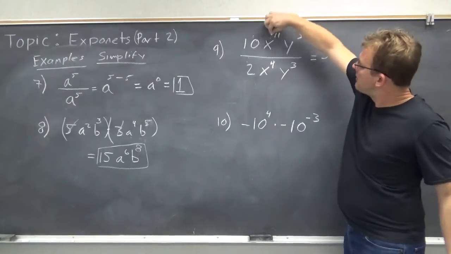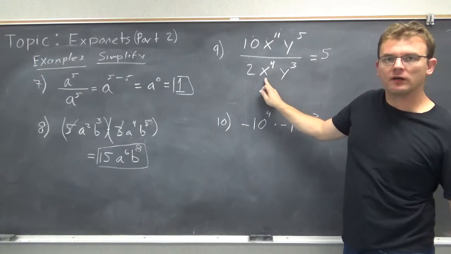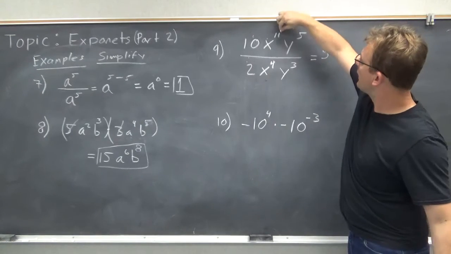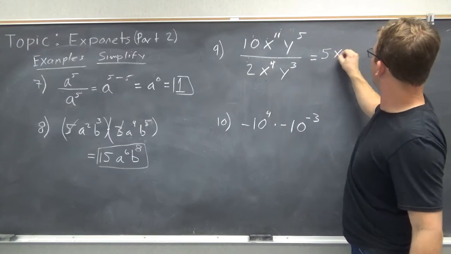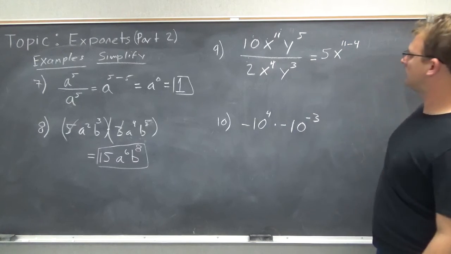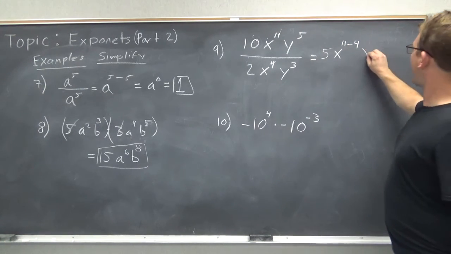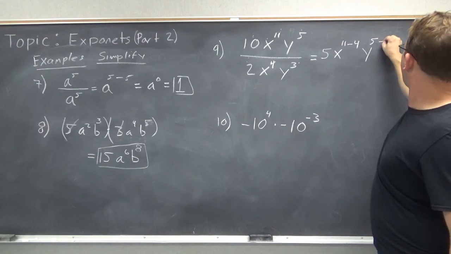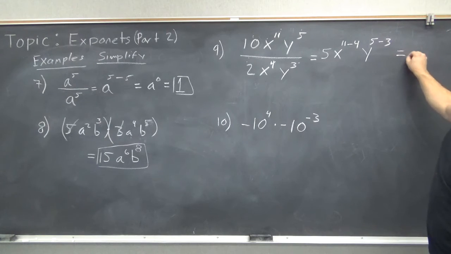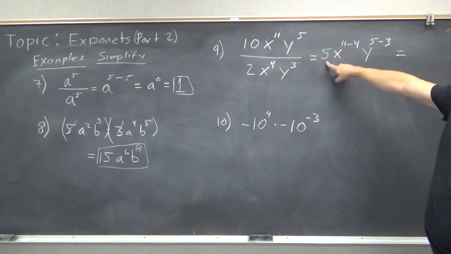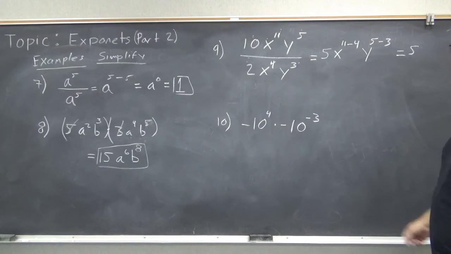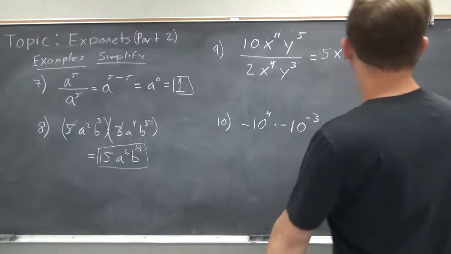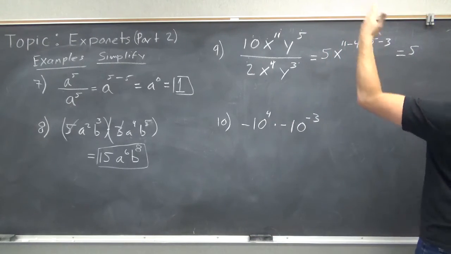I have 11 and I have 4. What was that rule? Subtraction, right? So I'm going to go 11 minus that. So 11 minus 4. Then I have y, 5 minus 3. And then what? Well, what's 11 minus 4? 11 minus 4 is, see, 10, 9, 8, 7.